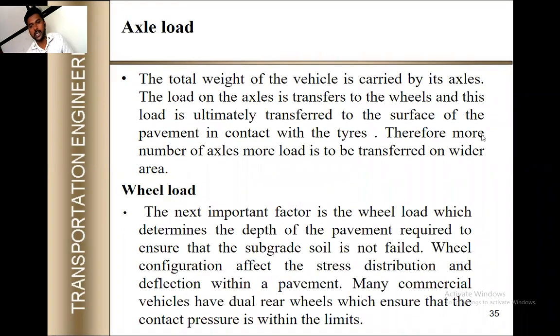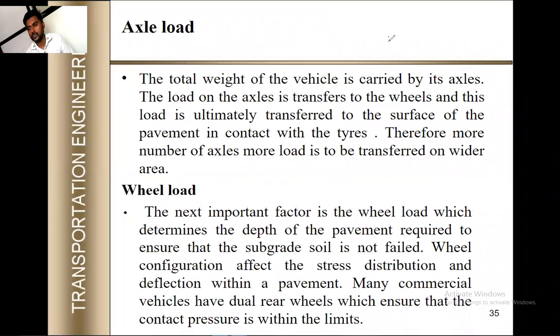The first one is the axle load. Axle means what? You might have heard of the axle, which is there in the vehicle. Suppose there is a wheel which is connected by an axle.